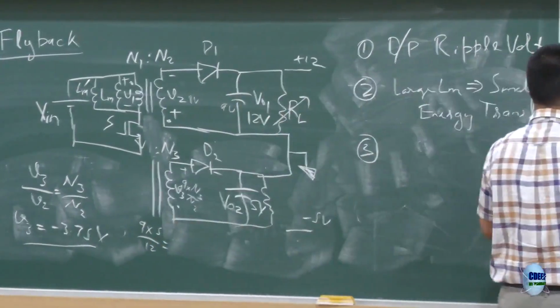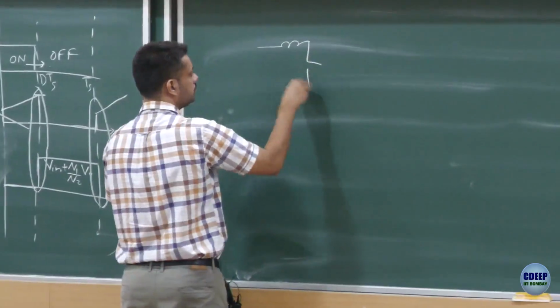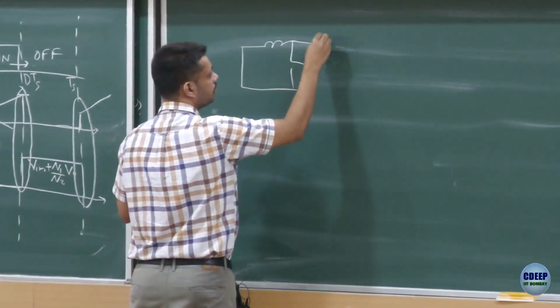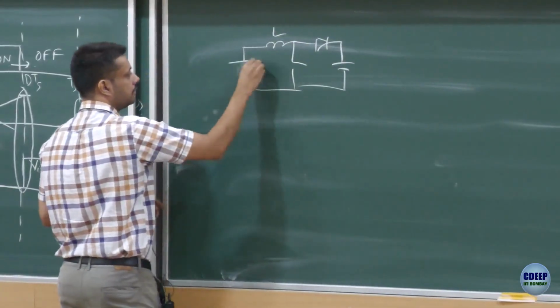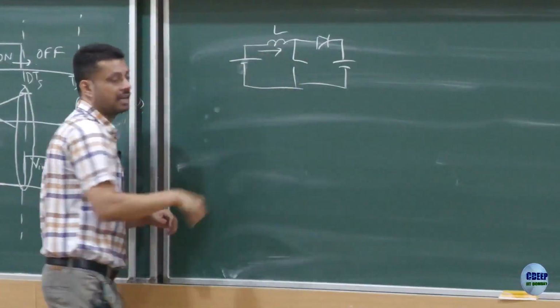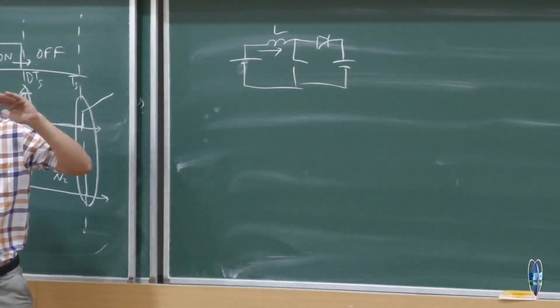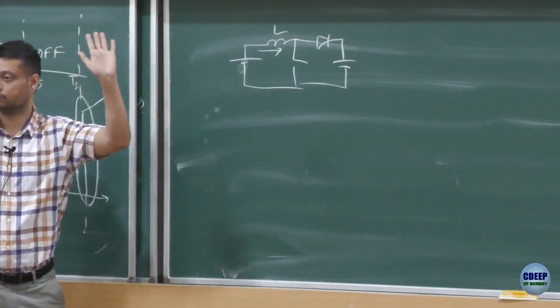Shall I draw the circuits quickly so that you can correlate with what I am saying? Assume we are using a very large inductor, right? This is boost. Very large inductor means this current will be almost constant. So the input current ripple will almost be 0, right?